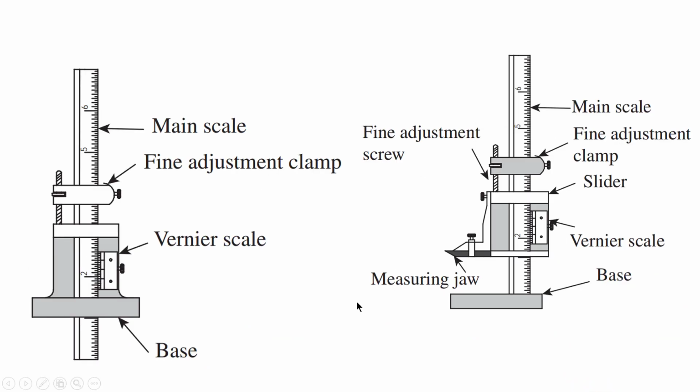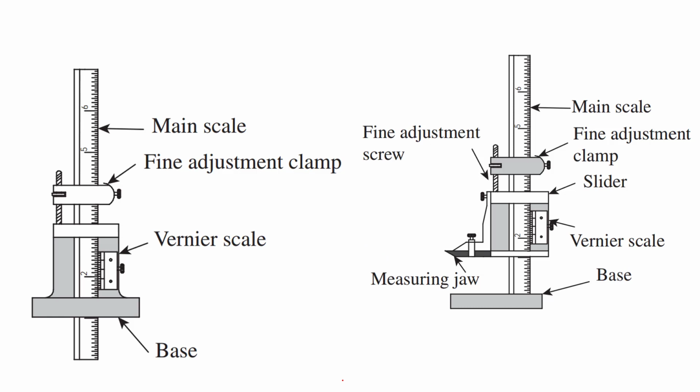Understood? Okay, so now we'll talk about two different instruments. Apart from the vernier caliper, we have other vernier scales. One is the vernier depth gauge and another one is the vernier height gauge. The vernier depth gauge is used to measure the depth of any instrument, and the vernier height gauge is used to measure the height of any object.